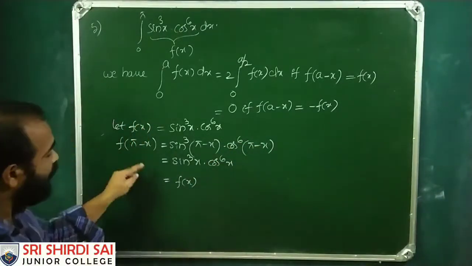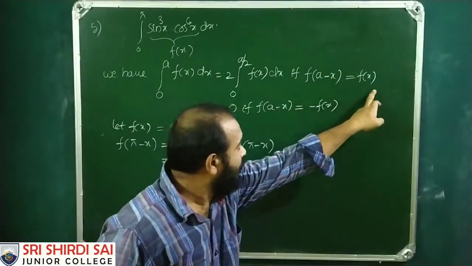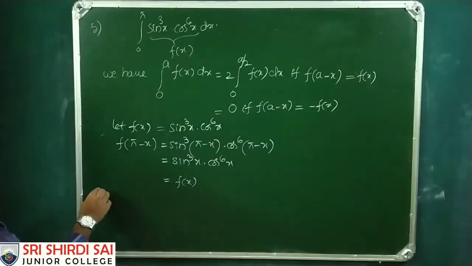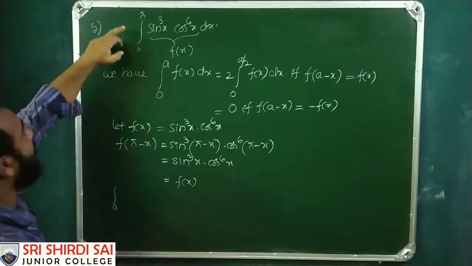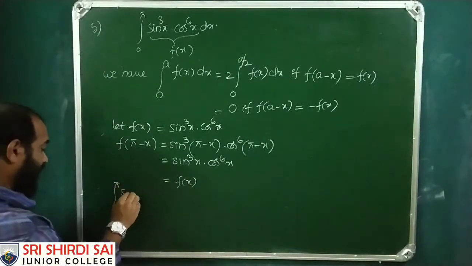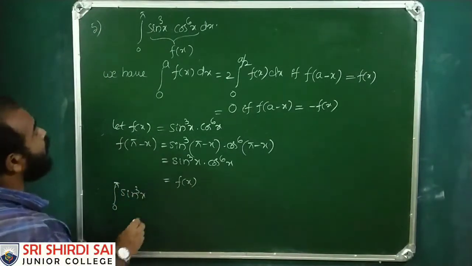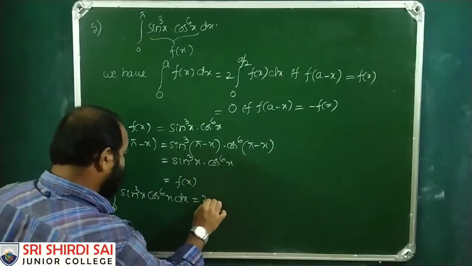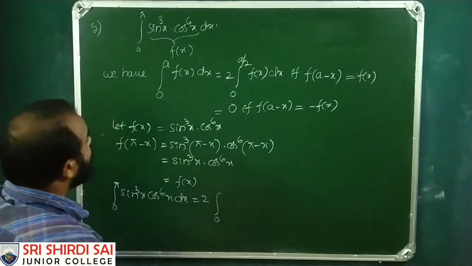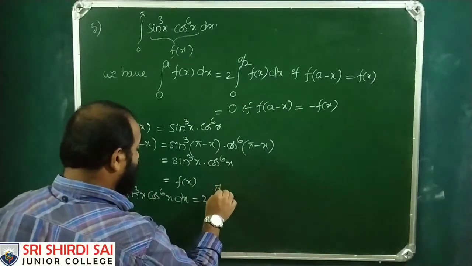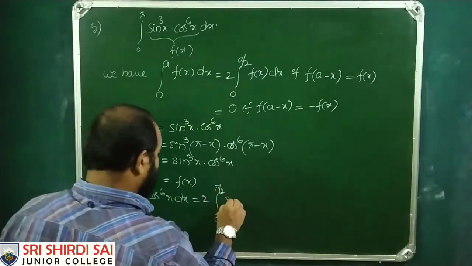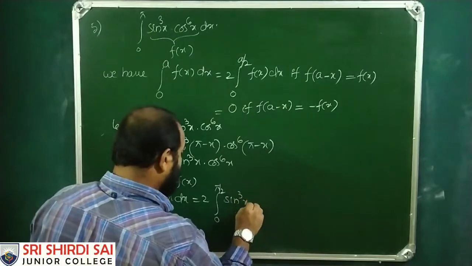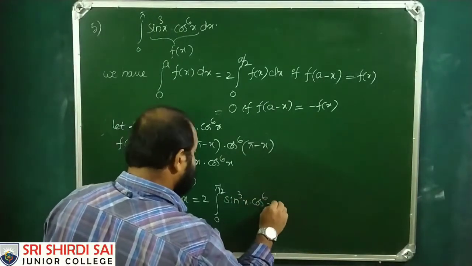Yes, f of pi minus x equals f of x we get. Therefore, integral 0 to pi sine cube x into cos power 6x dx can be written as 2 integral 0 to pi by 2 sine cube x into cos power 6x dx.